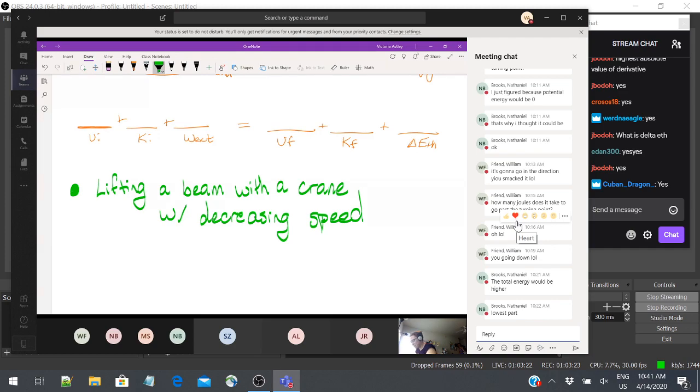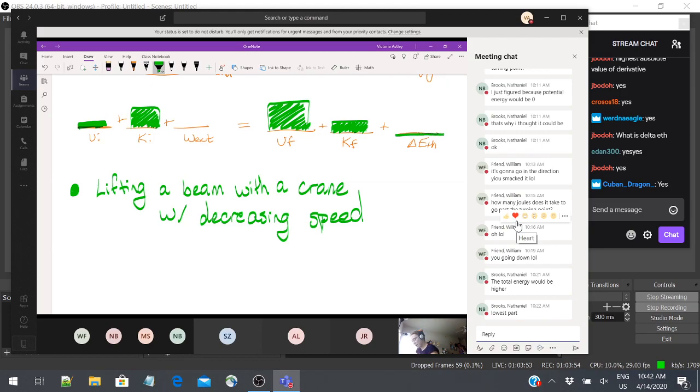Okay, well, we have a beam. Maybe it has some starting height, but we're lifting it upward, so its ending height is going to be higher. So it has gained potential energy. Decreasing speed means it had some speed, but then over time it's going to be going slower. Generally, there's no friction in a case like this.